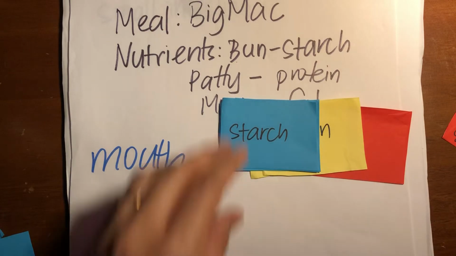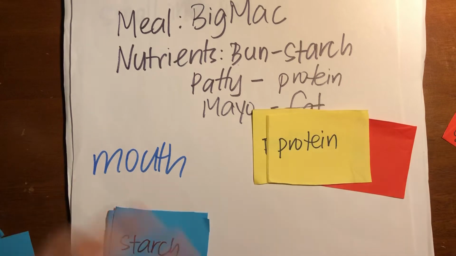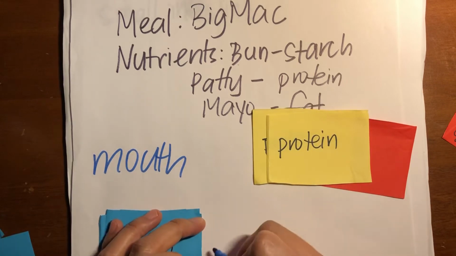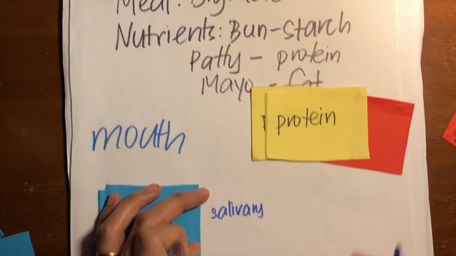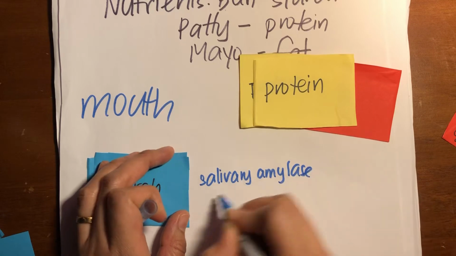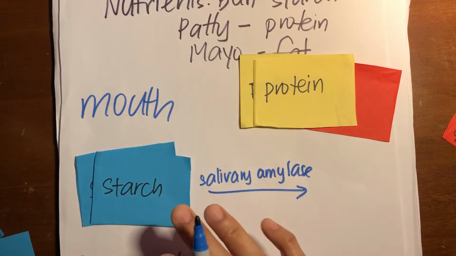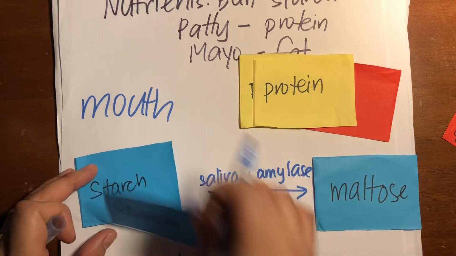Now, the mouth only has salivary amylase. So the salivary amylase digests starch into maltose. Okay, so this starch is gone.